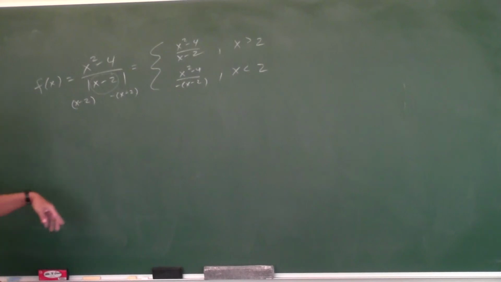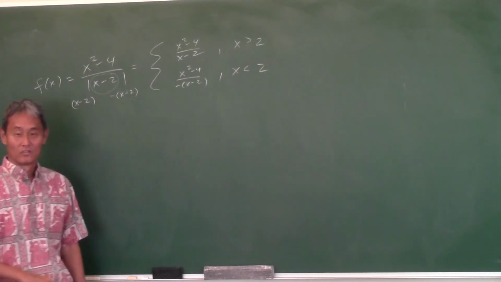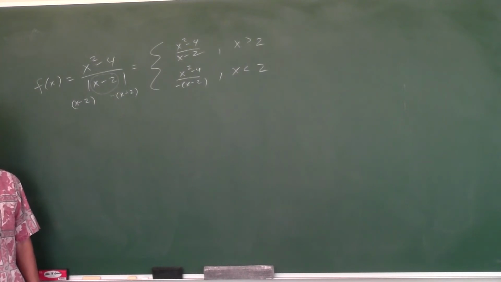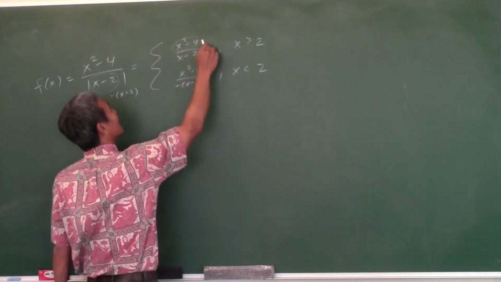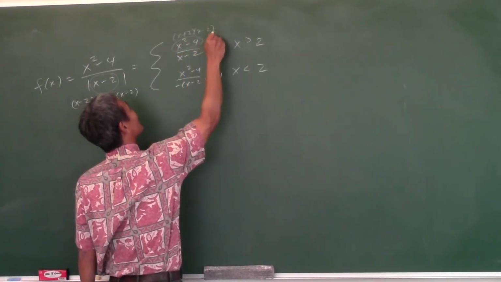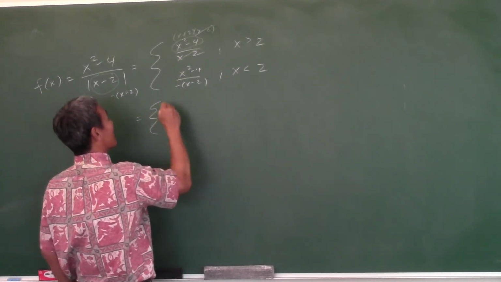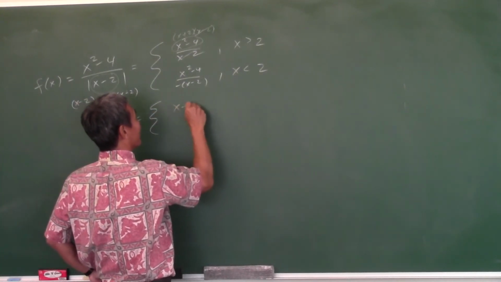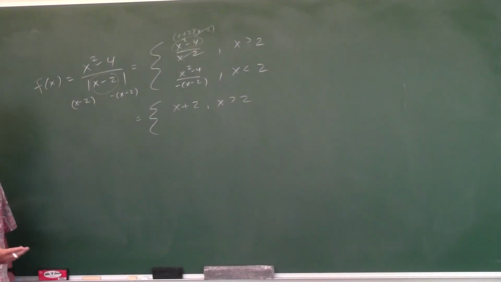Well, Mr. Park, I don't know how to graph these things. Yes, you do. If you factor and simplify it, you do. Look, that can be factored: x plus 2 times x minus 2. The x minus 2's cancel. So what are you left with then? People, I am not going to give you something that you don't know how to graph.